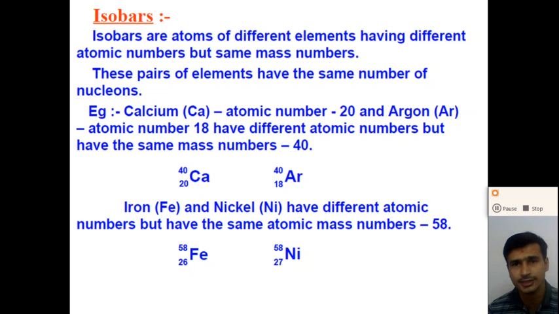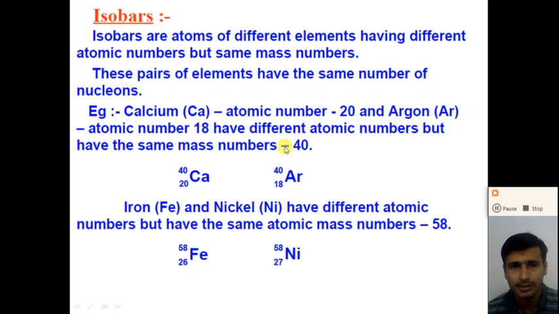Isotopes are atoms of the same element, but isobars are atoms of different elements having different atomic numbers and the same mass number. These pairs of elements have the same number of nucleons. That means the sum of protons and neutrons is the same.